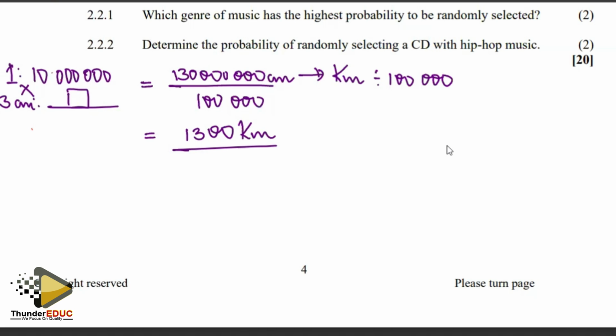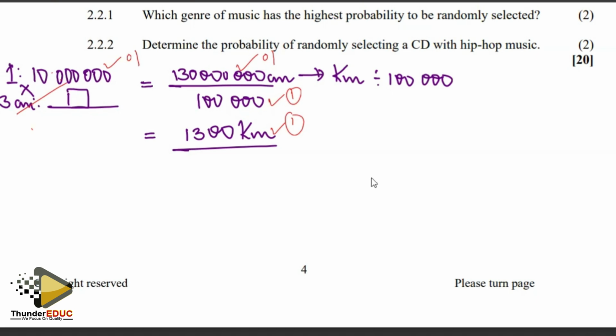Getting the answer of 130 million, you get a mark. Cross multiplying, you get a mark. Dividing by 100,000, you get a mark. Getting your final answer, you get a mark. This is how the 4 marks were stipulated.